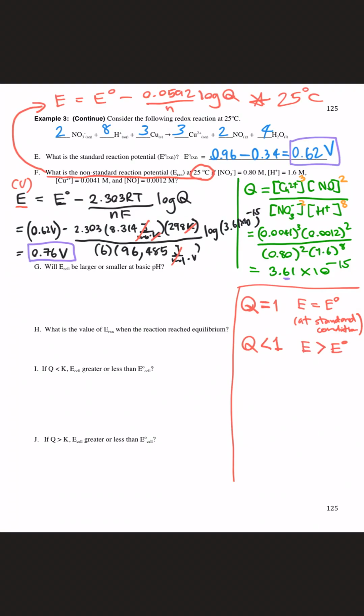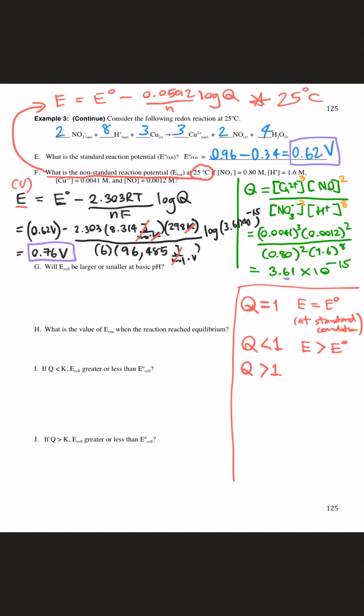On the other hand, when the Q value is greater than 1, this indicates that at this point the reaction is not at equilibrium yet, and we have more of the product than the reactant. Therefore, according to the Le Chatelier principle, if you have a high amount of the product, the reaction would shift toward making more of the reactant in order to reach the equilibrium.